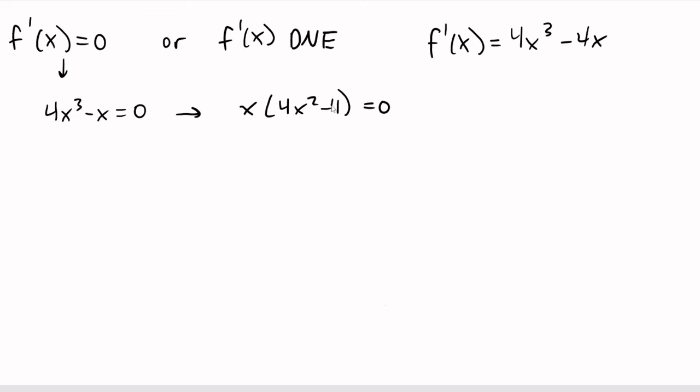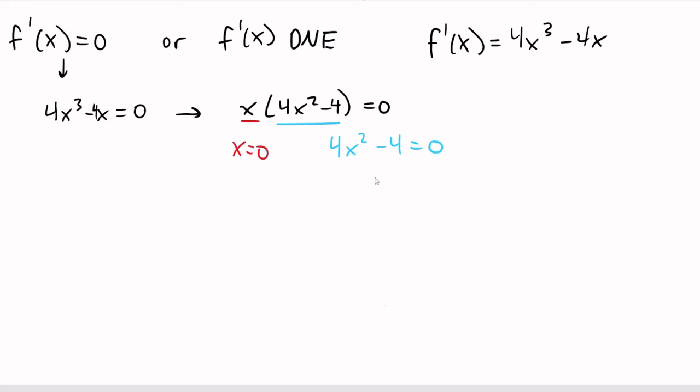So this is going to factor into, take out the 4x, don't forget our 4, and you're going to have x squared minus 1 left. What's going to end up happening is this needs to equal 0. So x equals 0. And then separately, this needs to equal 0. So 4x squared minus 4 is 0.